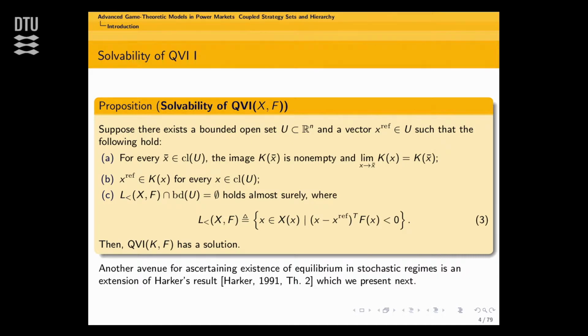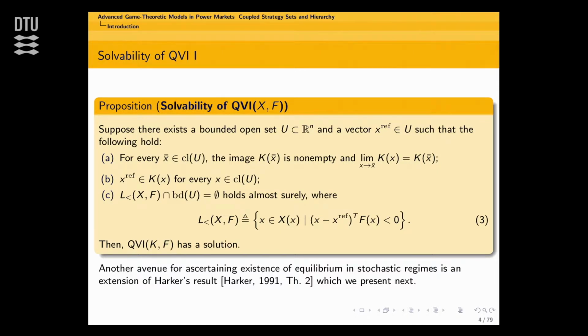Okay, so there are some extra requirements here. The first requirement is that this set X of x bar is non-empty, and for any sequence, what you need to show is that these images converge in some set valued sense to X of x bar.